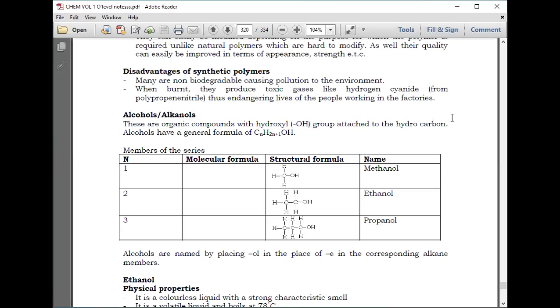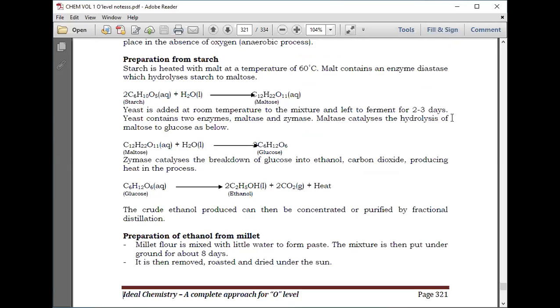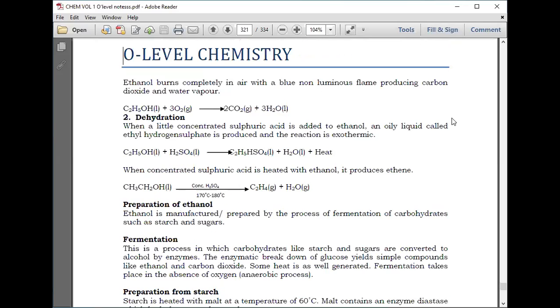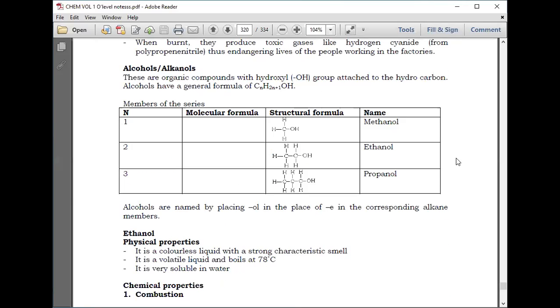Now, alcohols are very many, but for O level, we are going to focus our attention on ethanol. So the general molecular formula is CnH2n+1OH, meaning if n is 1, then the molecular formula will be CH3OH.